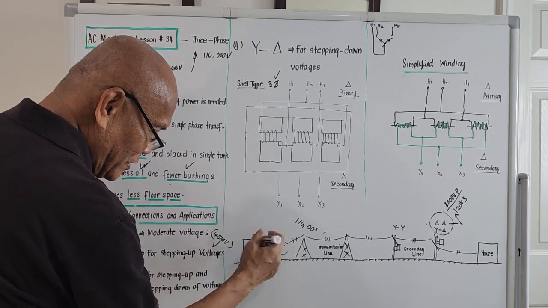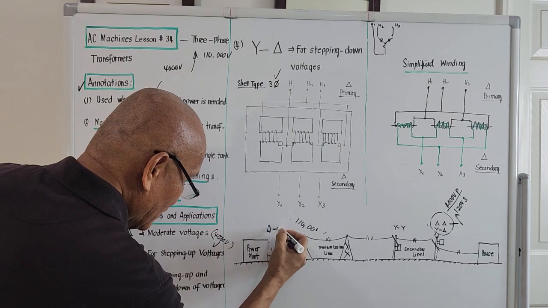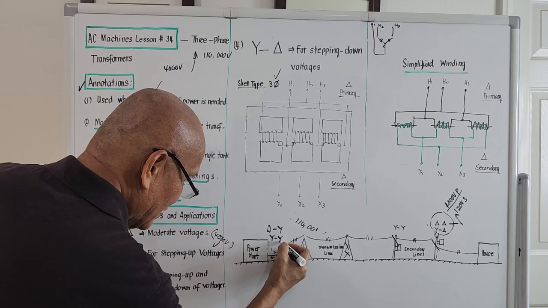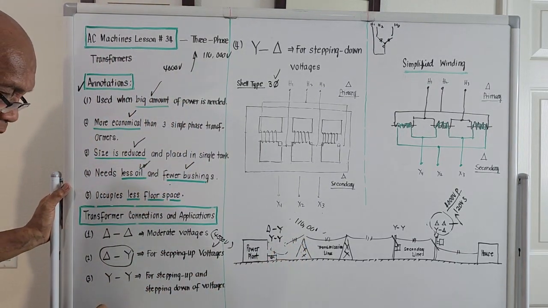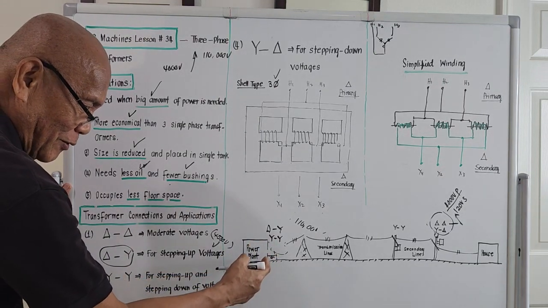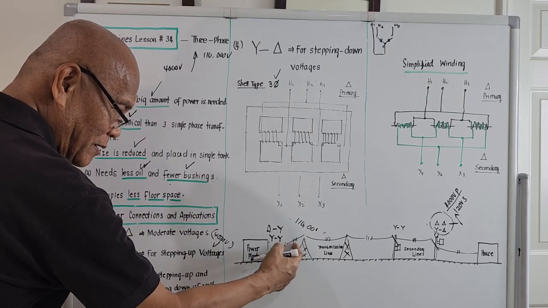The first one is delta to Y, and the second one is YY. So if we try to look at the location of this transformer here, it could be located here. That is for stepping up the voltage generated by the alternator before feeding to the transmission line.